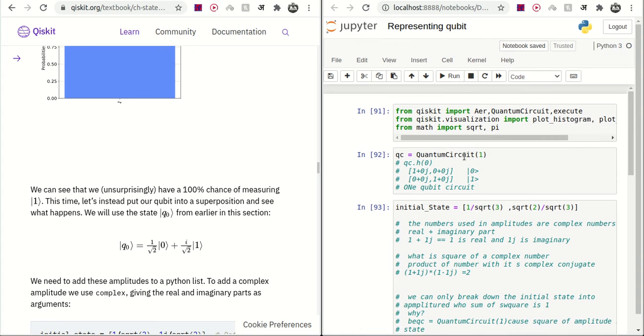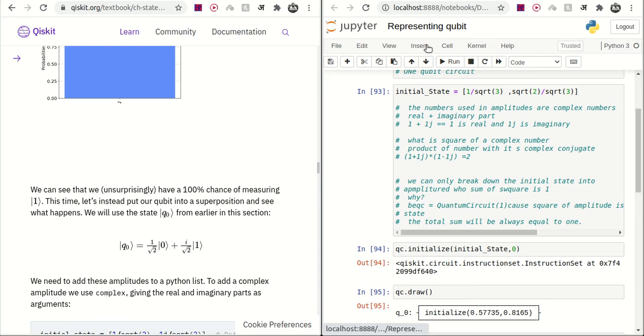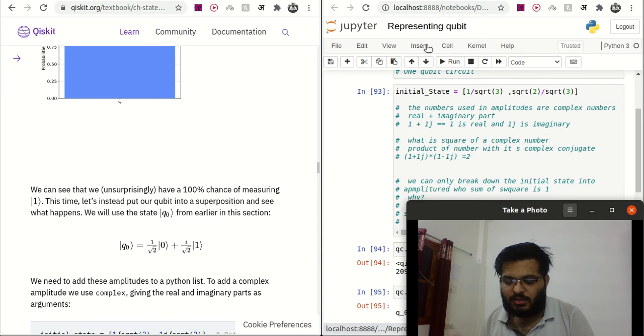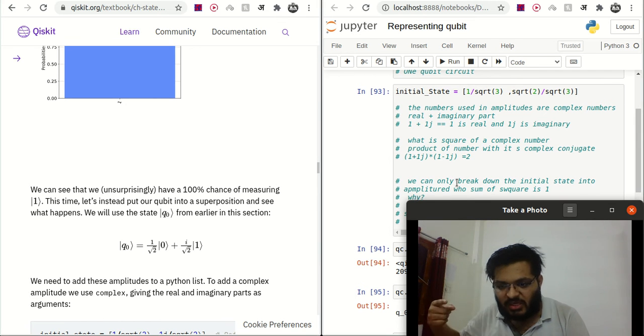The thing was I was measuring the qubit. There was a statement called qc.measure_all, and I was measuring it. So initially it was actually measuring it, and every time I now take the count, it will come to that state.